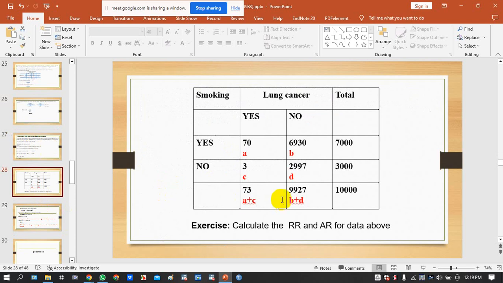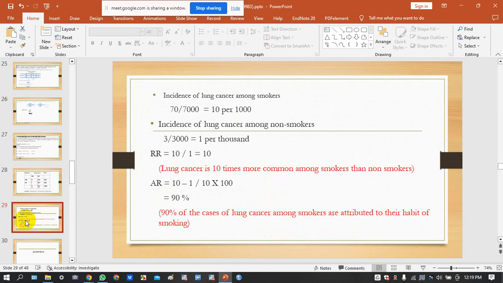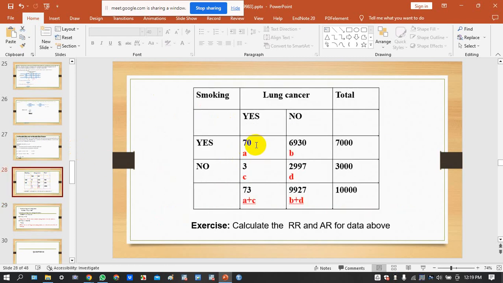Okay, so you go and calculate the relative risk and attributable risk for the data above. Let's go through quickly. The incidence of lung cancer among smokers is 70 over 7,000. When you add 70 plus 6,930 it gives us 7,000.